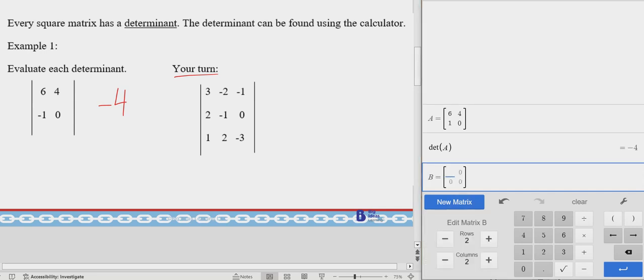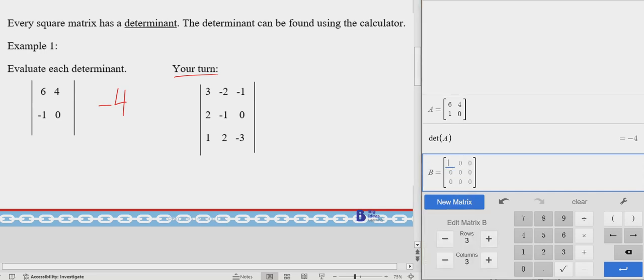So you should have gone in, entered your new matrix, made it a 3 by 3, and entered in the values, the elements of the matrix. That's the hardest part.